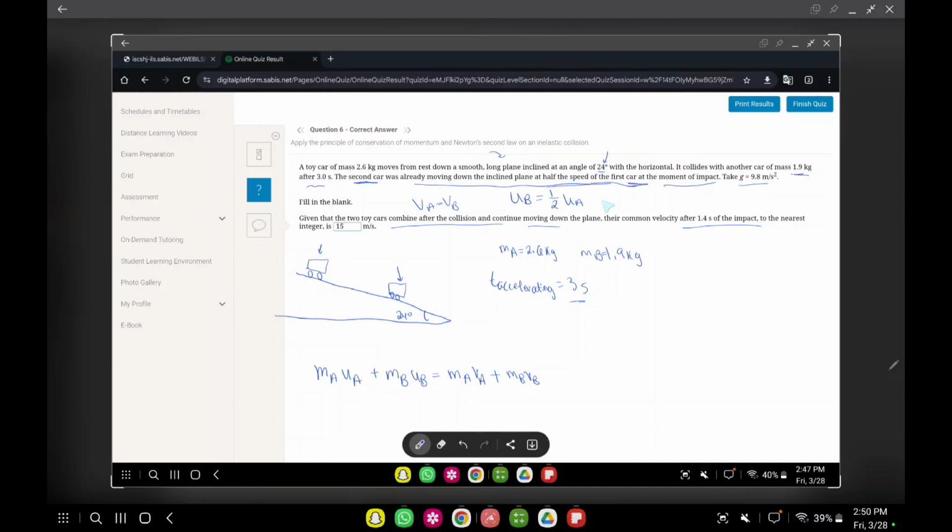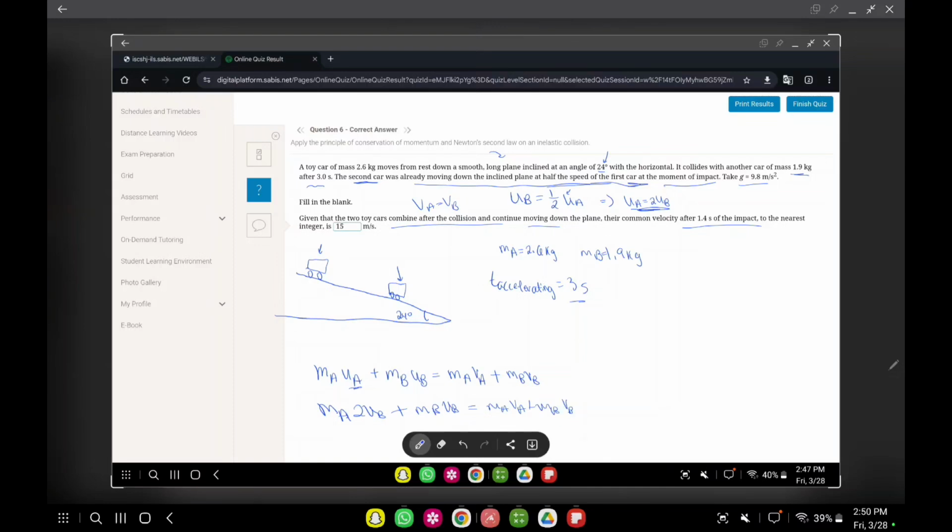So in other words, you could say that UA is equal to 2UB. And I hate working with fractions, so that's why I took it to the other side. So over here in your working, you can substitute this UA as 2UB, right? Plus MBUB is equal to MAVA plus MBVB.